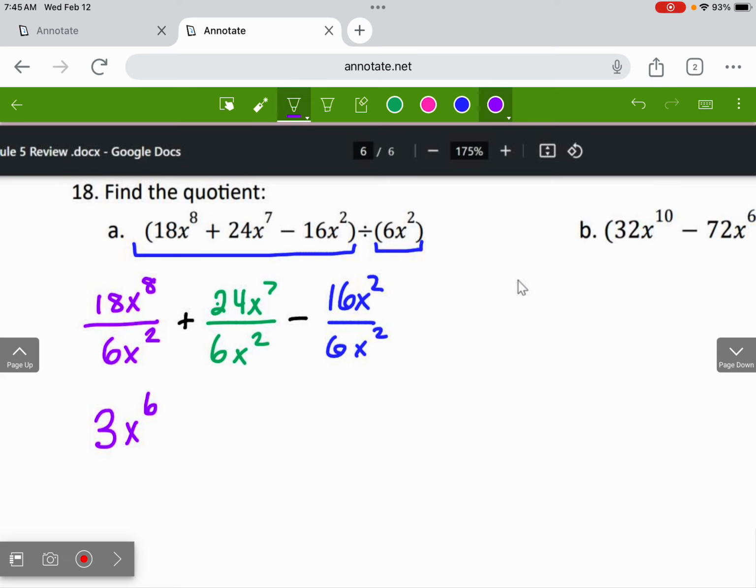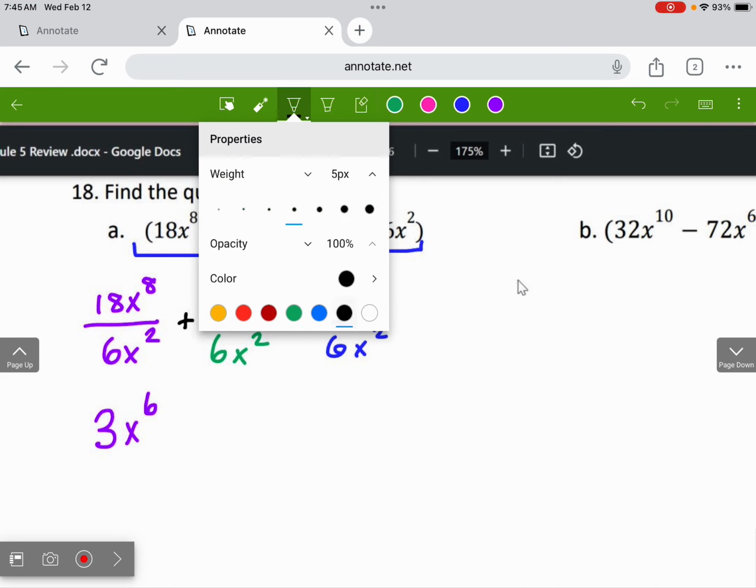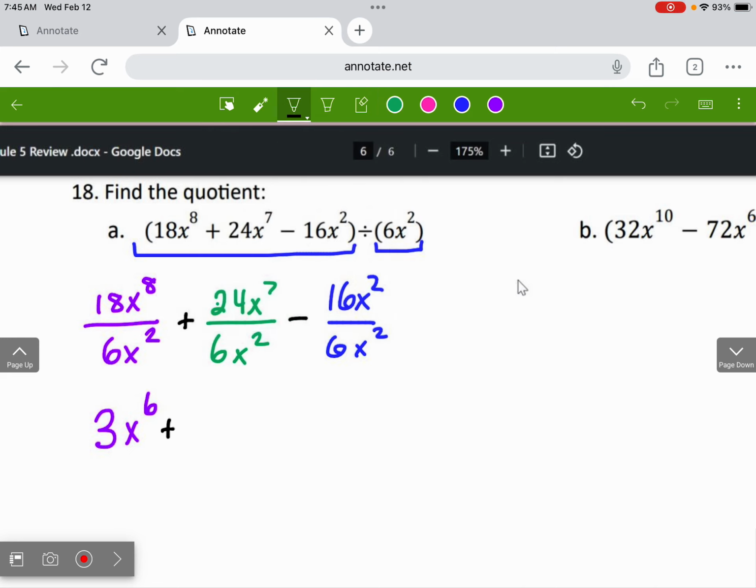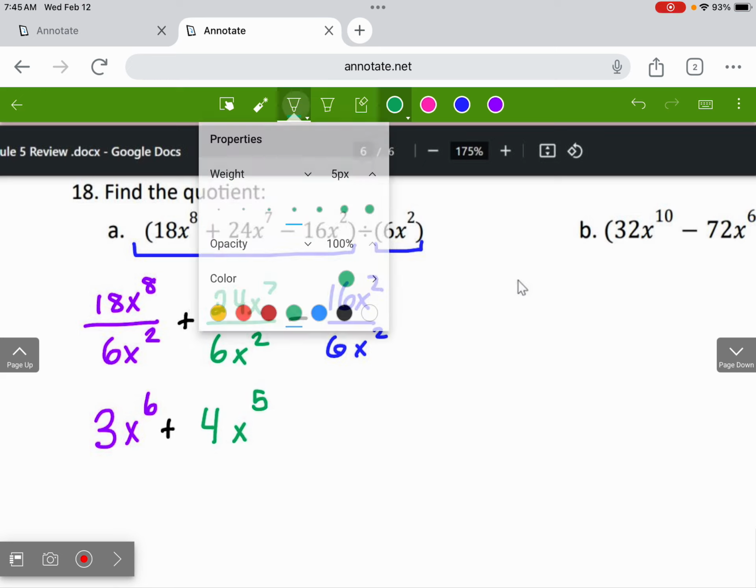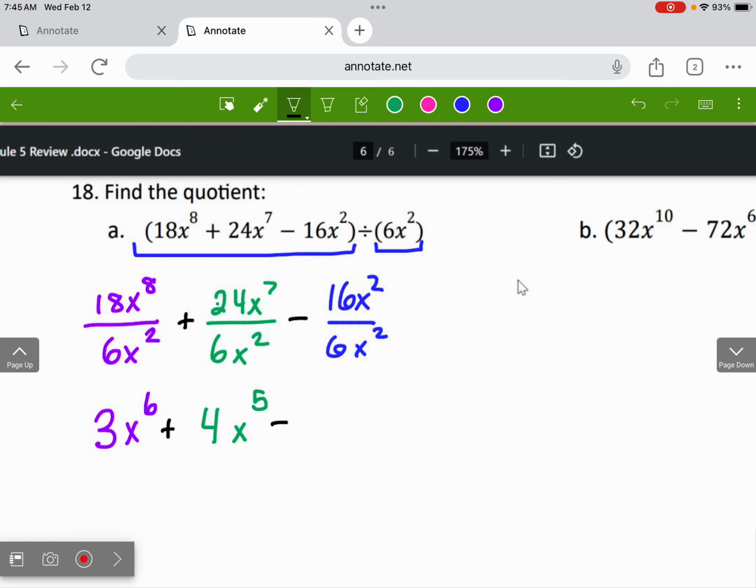Cancels out 2. Crosses 2 of them out. How about this middle guy? 24x to the 7th over 6x squared. 4x to the 5th.